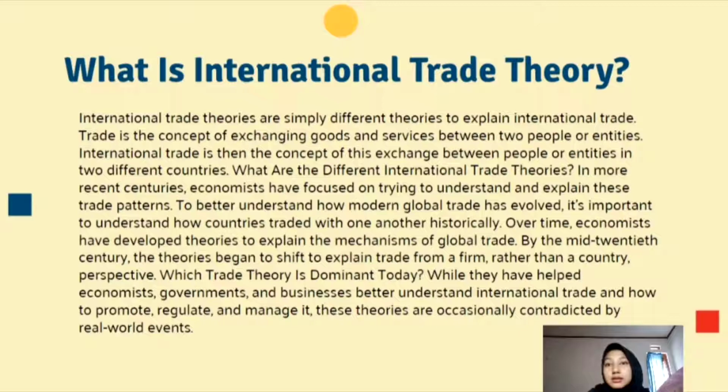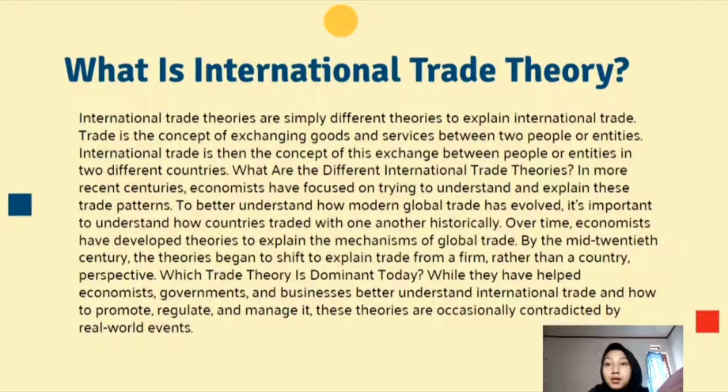What are the different international trade theories? In more recent centuries, economists have focused on trying to understand and explain these trade patterns. To better understand how modern global trade has evolved, it's important to understand how countries traded with one another historically.